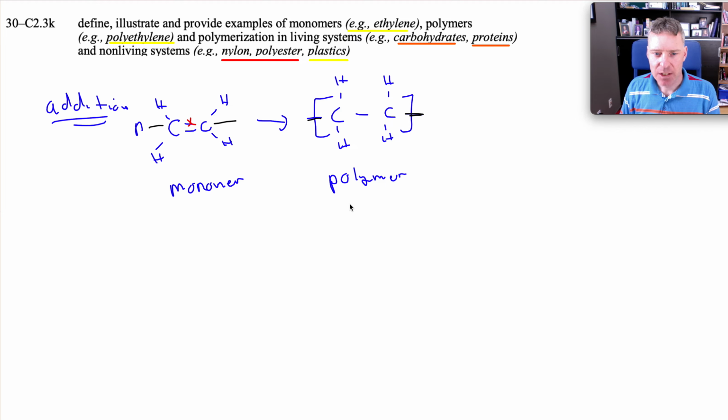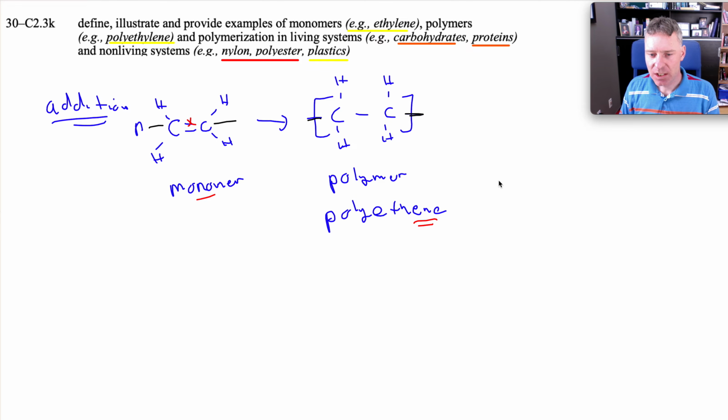The name of these polymers is just poly stuck in front of the monomer. So this is polyethene. Okay. Can seem a little bit confusing because you see ethene, so you think, oh, there's a double bond, but no, there's not. The monomer had the double bond, the polymer doesn't. Okay.